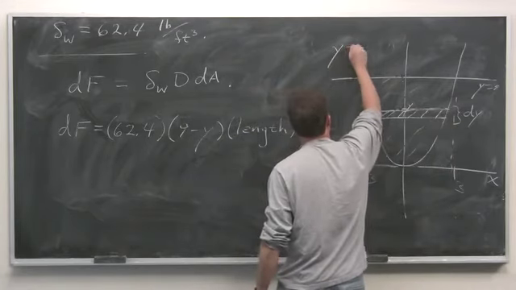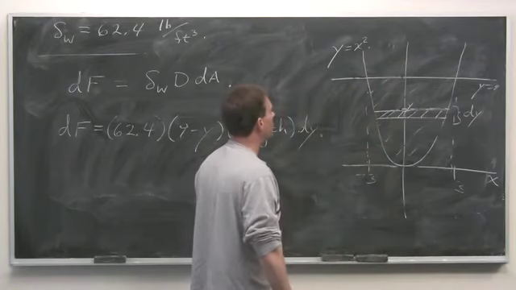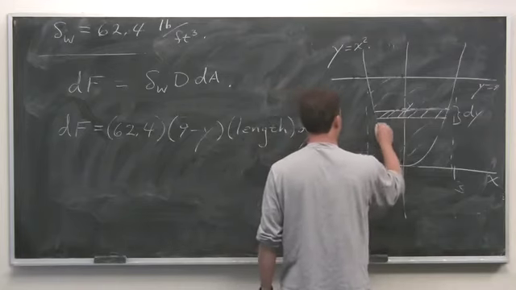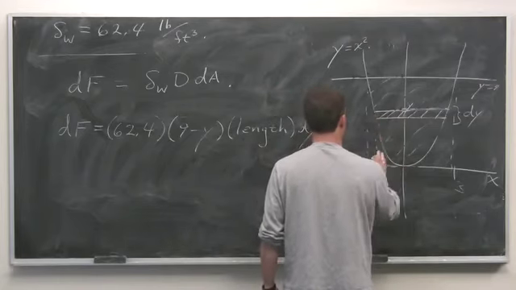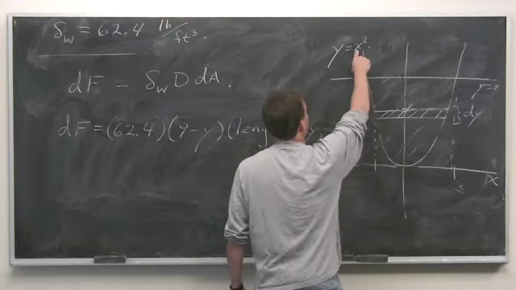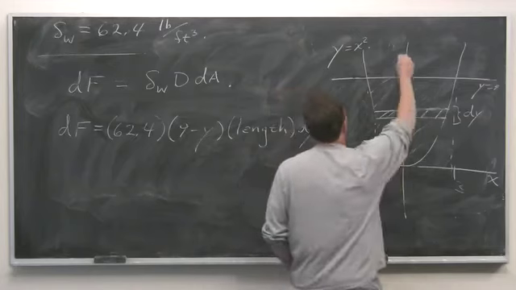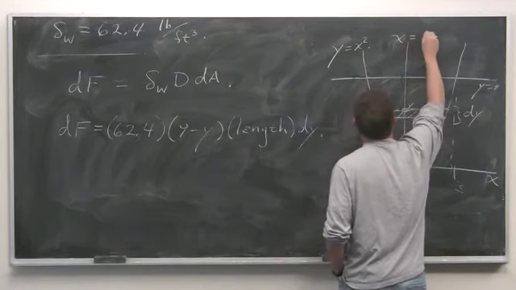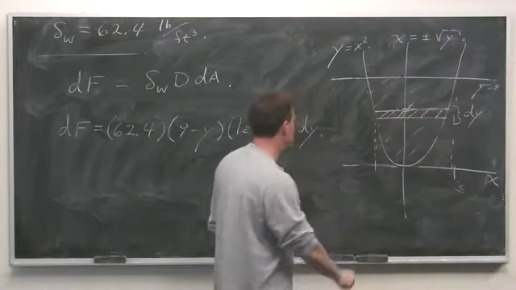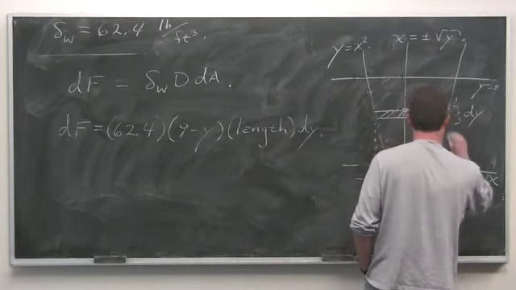Well, this curve is y equals x squared. So if you're given y, what are the x coordinates? Well, the negative one, this x coordinate, you're given y. The question is, what's x? Well, x is plus or minus the square root of y. This one is minus the square root of y. This one is plus the square root of y.